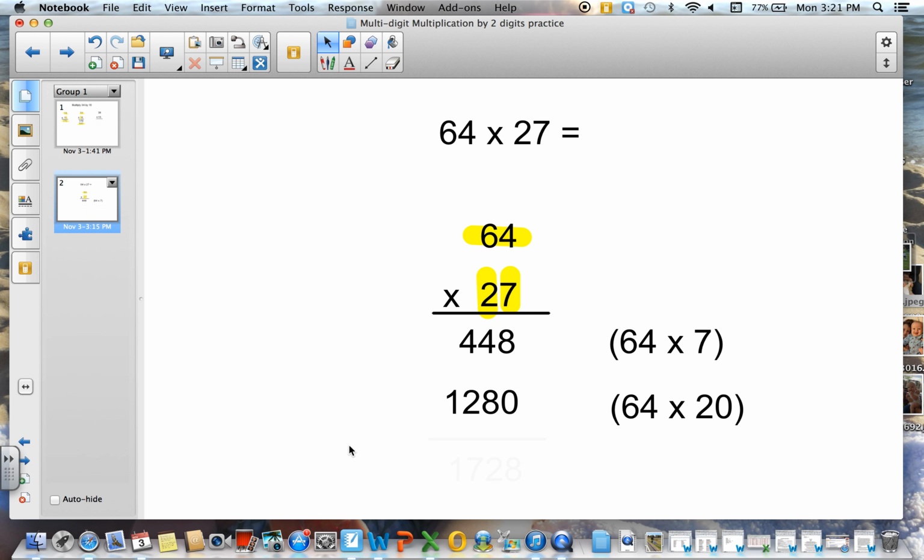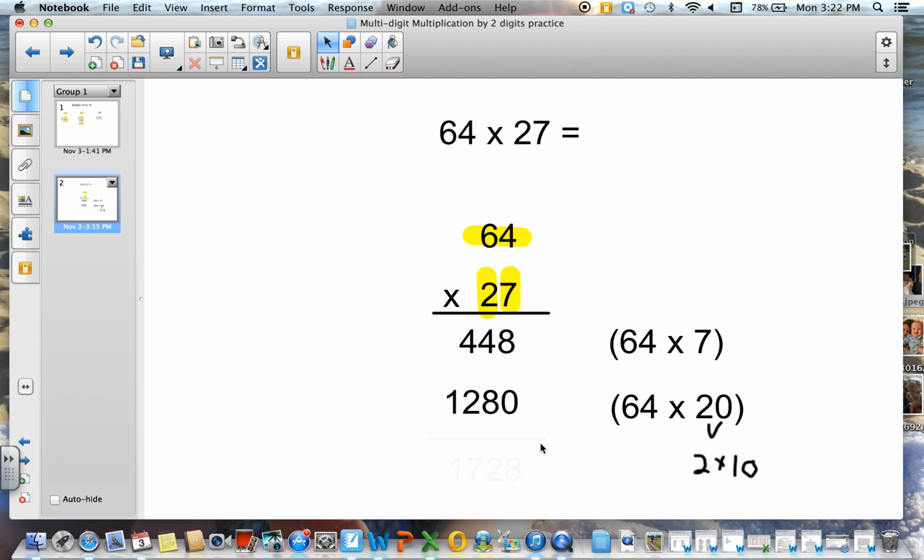Or you could have said, I know 64 times 10 is 640, and then I just have to multiply 640 times 2. So you broke up that 20 into 2 times 10. And you could have done that in 2 steps if that would have been helpful for you. I went ahead and did it in 1 step.